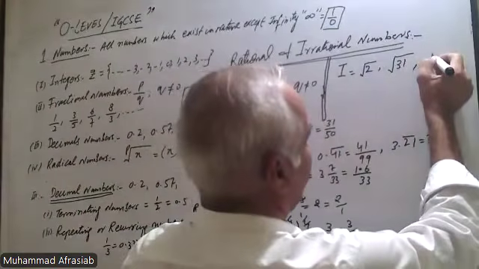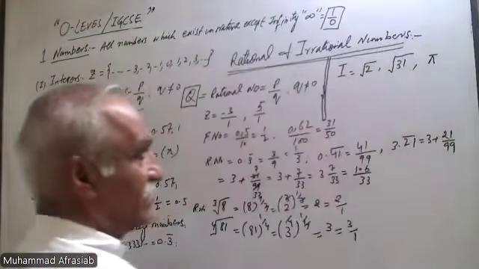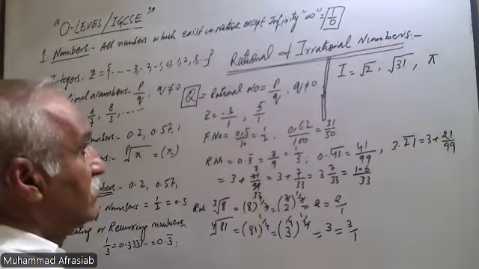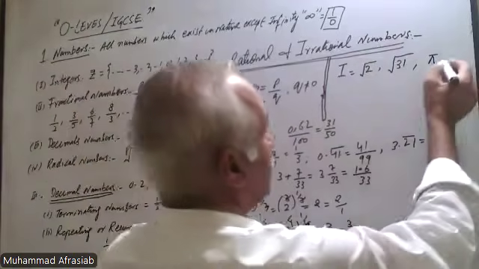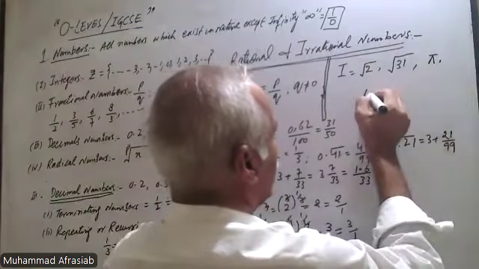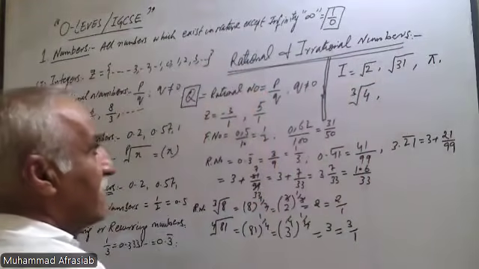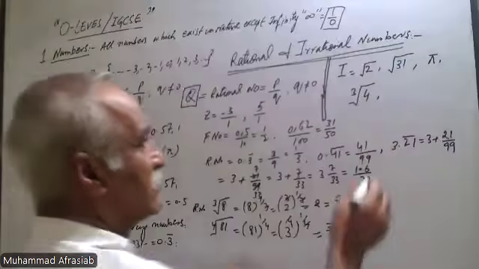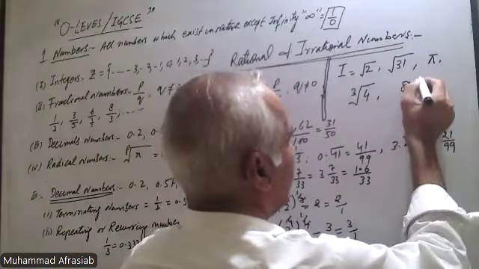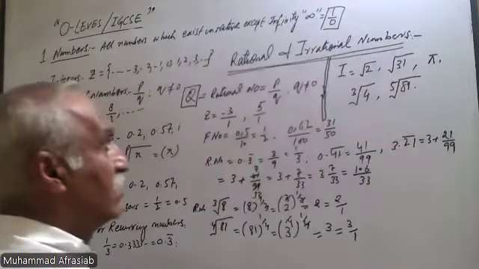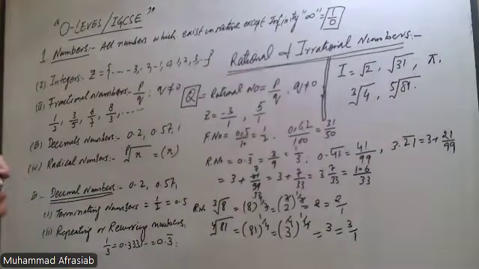Pi itself is an irrational number. The fourth root is also an irrational number, and the fifth root of 81 is also an irrational number. So all those numbers which are not rational are called irrational numbers.